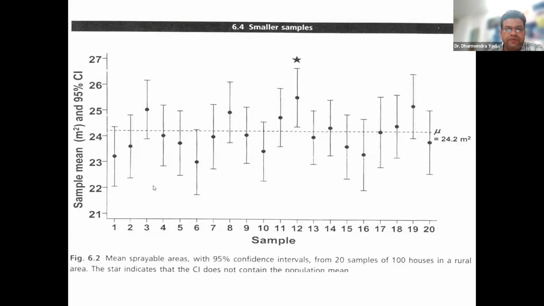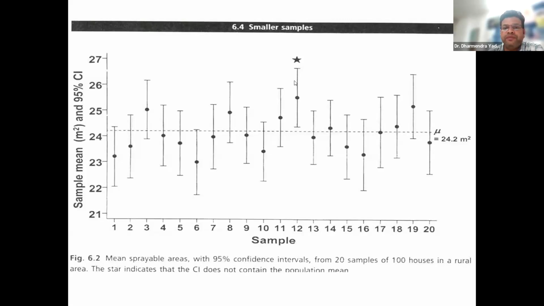So this is the mean of reliable areas with 95% confidence interval from 20 samples. We have 20 samples of 100 houses in a rural area. The star indicates that the confidence interval does not contain the population mean.